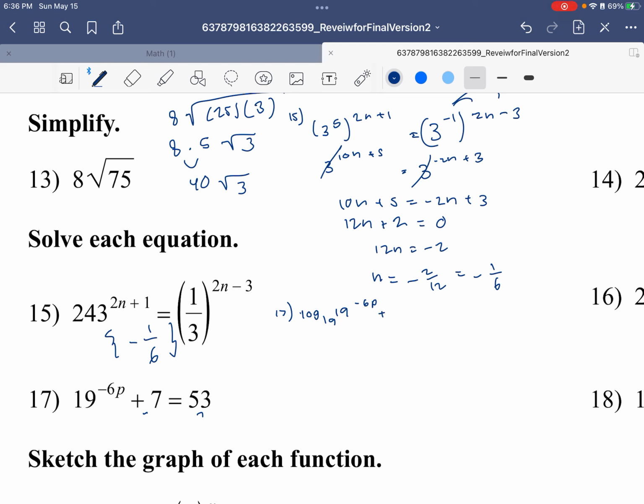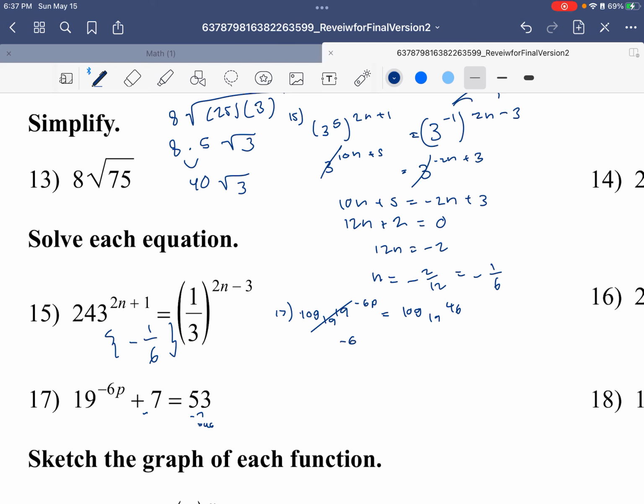And over here we have 46. So I set both sides to log base 19 because when the base is the same, it just equals 1. So it cancels out.